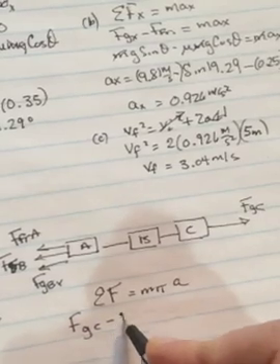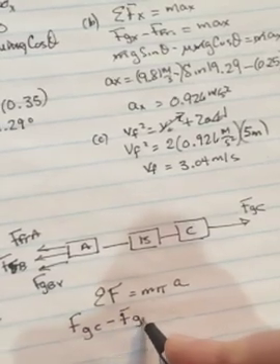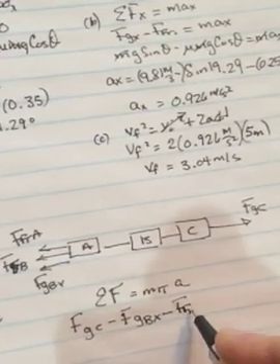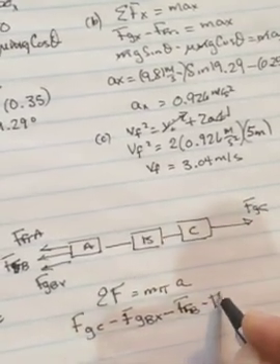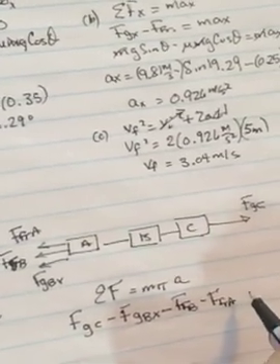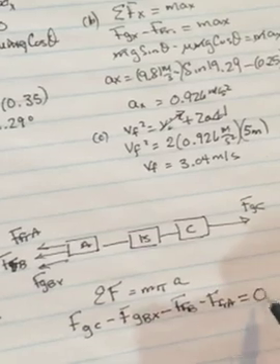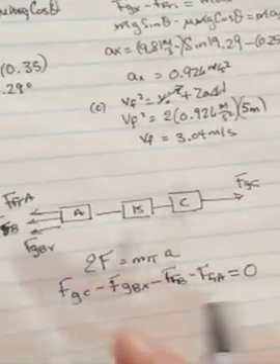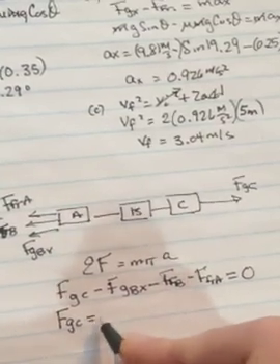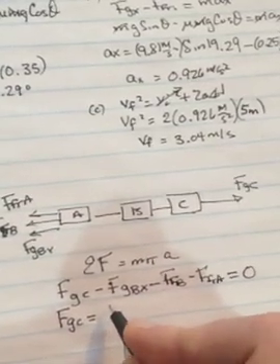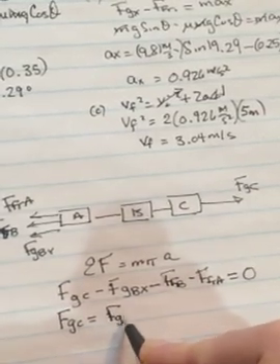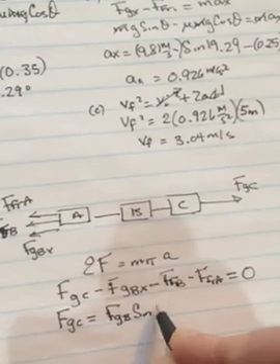Pulling back is going to be FGBX, the guy on the incline, minus the friction on B, minus the friction on A. And it says it descends at constant velocity, which means the M total A is 0. So we're looking for FGC. So we'll take the other three terms over, and they'll all become positive.